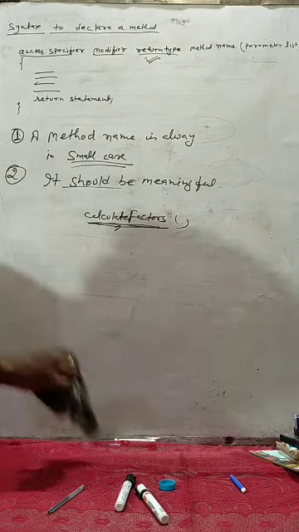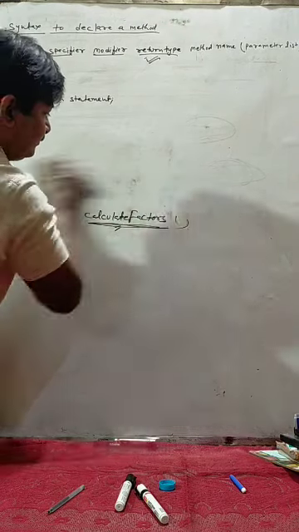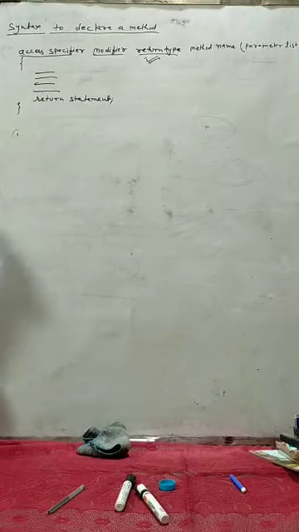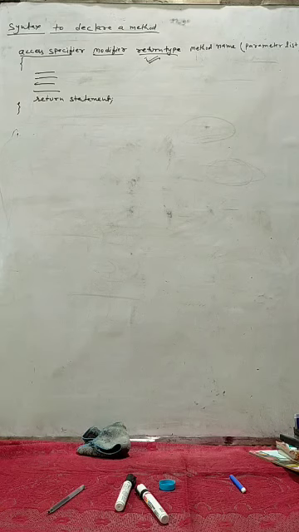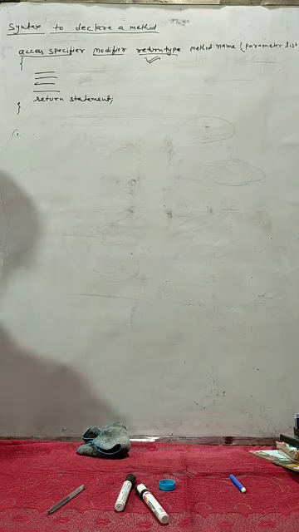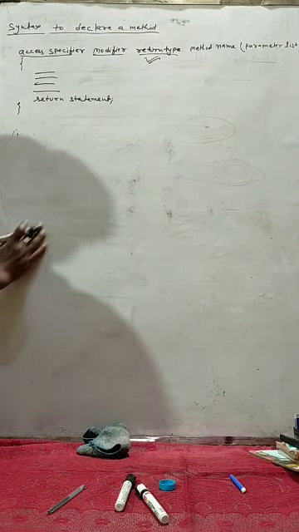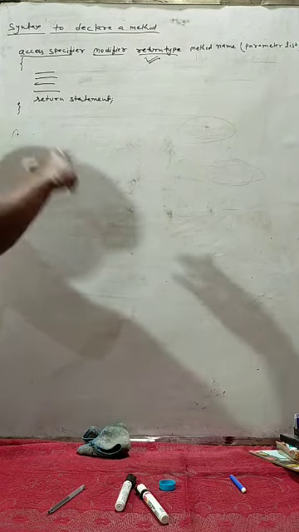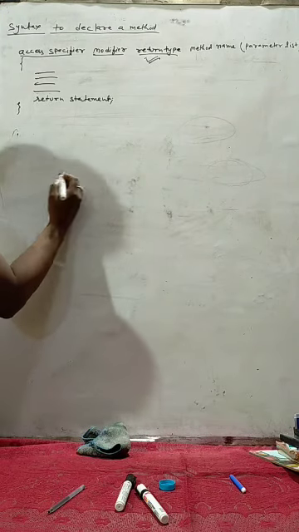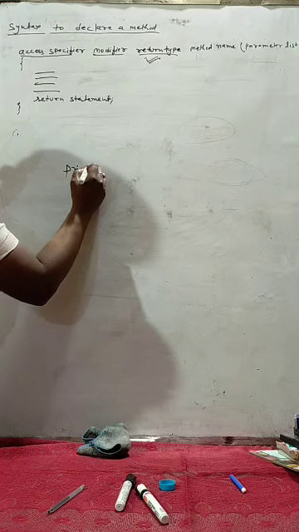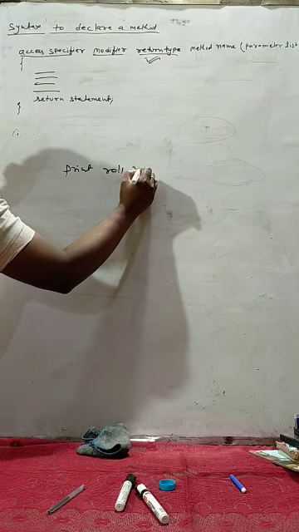Okay. Next is, it should begin with a lowercase. For names having multiple words, suppose method name, when names for the multiple method names, such as print roll number.